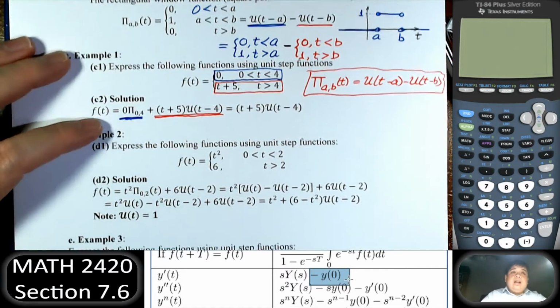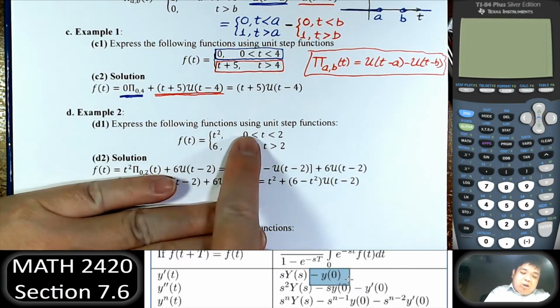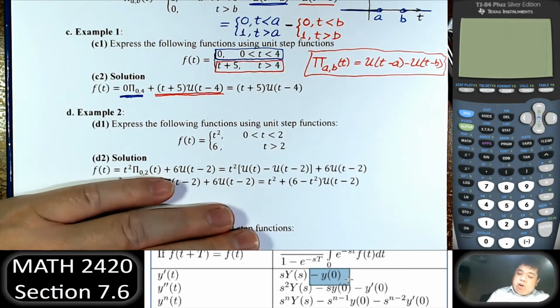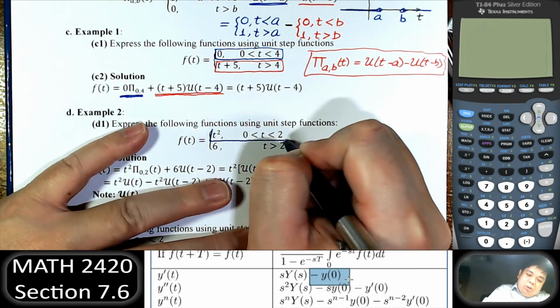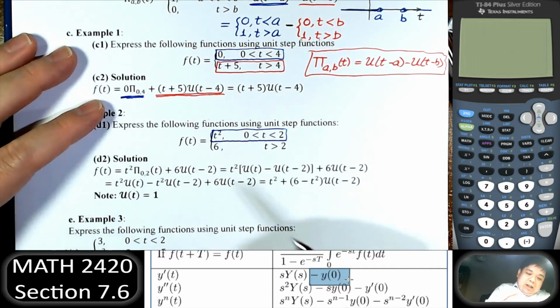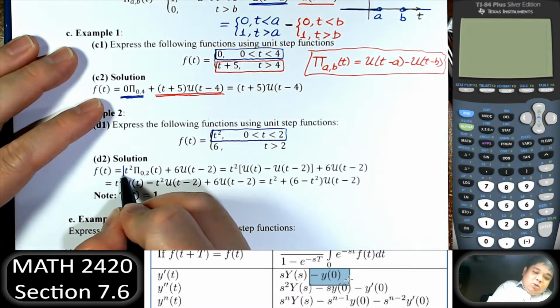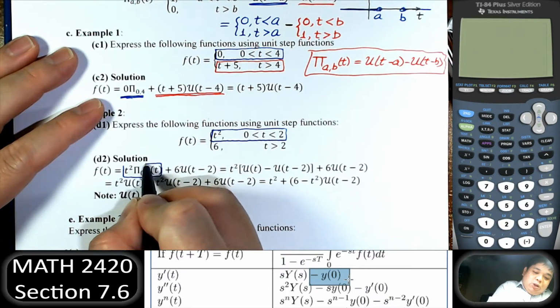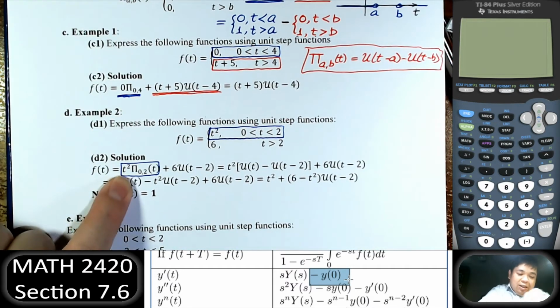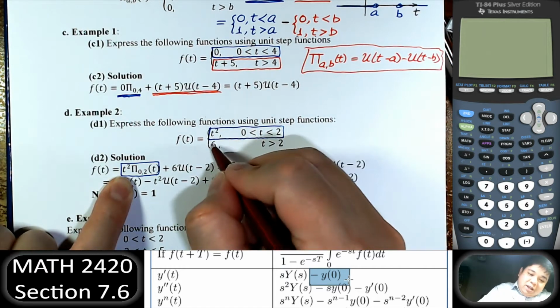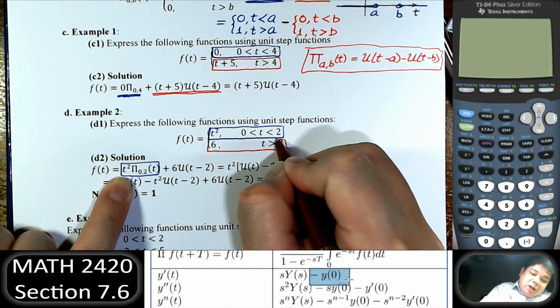Now, look at the next example. Express the following function using the unit step function. So first, look at t squared from 0 to 2: easily, t squared times the window from 0 to 2. Right? And next we have 6 when t is greater than 2.